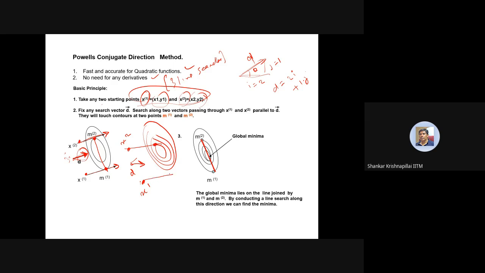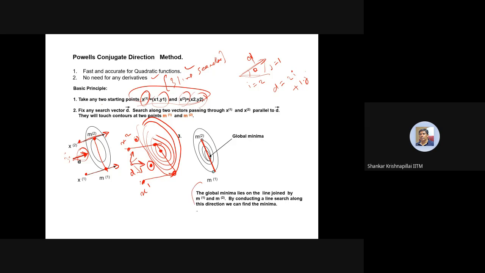When you search along x2, you will touch another contour, and the minima will lie between them. So whatever the search vector D, and wherever you take the two points x1 and x2, it will bracket the minima. This happens only for quadratic objective functions, and they must also be convex.